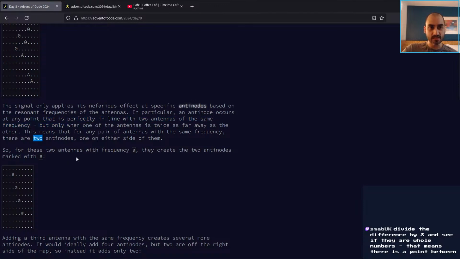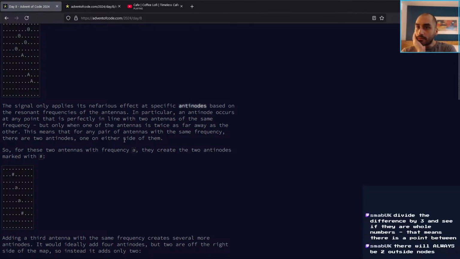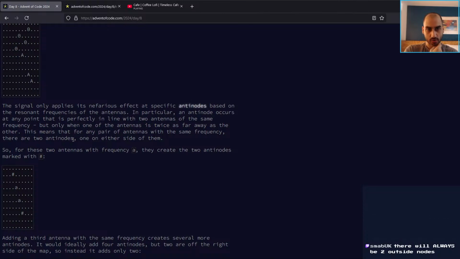I mean, these 2 antinodes might even be out of the map as well, so there will always be 2 outside nodes. If they are within the map, yes, I agree. But the way this is worded, it didn't say at least 2. It seems to say there are exactly 2, whether they're inbounds or not. That's the way I'm reading it.